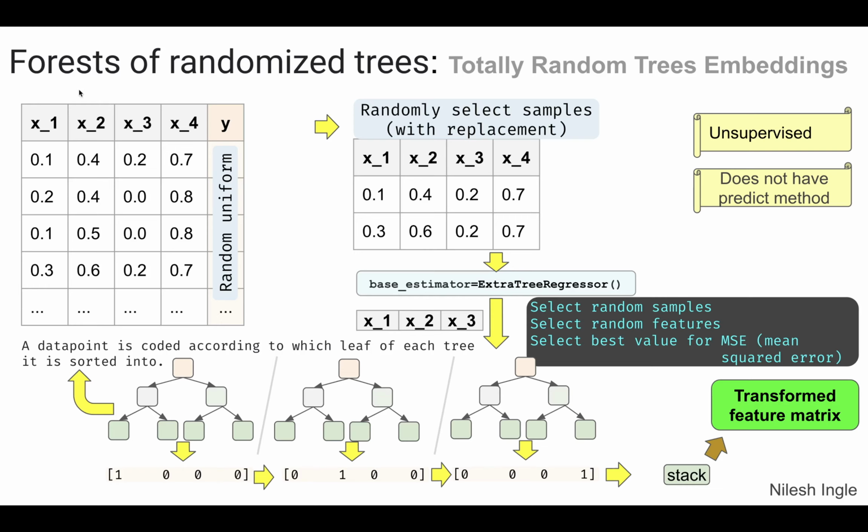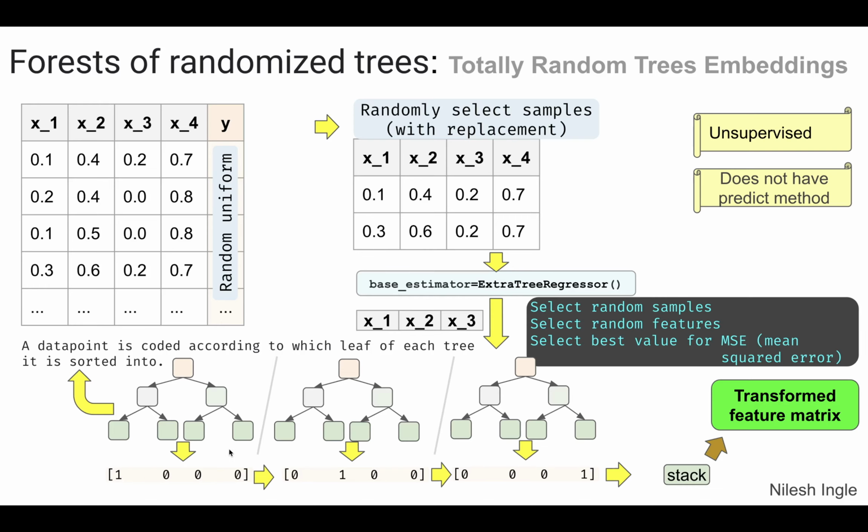For example, here we have this data set with 4 features: x1, x2, x3, x4. So this can be randomly sampled, and then trees can be created using a base estimator such as extra trees regressor. And so after that, when we have a new data point or sample, we can pass that through each of these trees and get the leaf to which that particular sample ends up in, that can be flagged as 1.